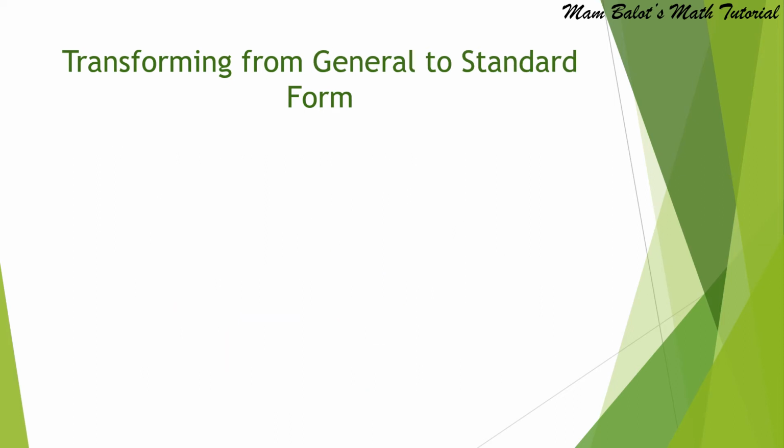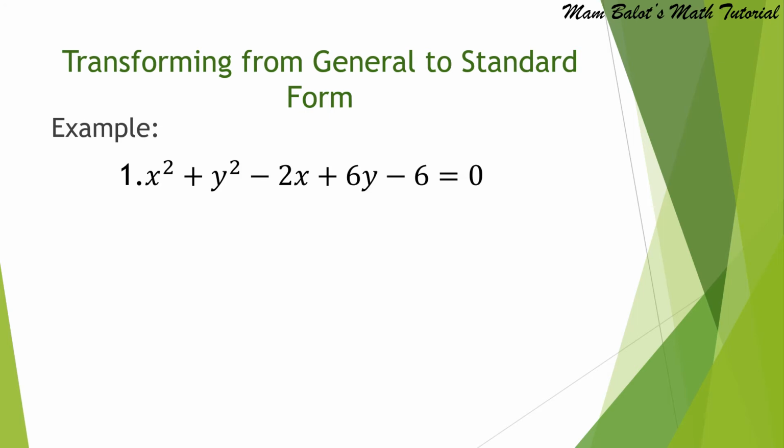Let us have the vice versa, or it is transforming from the general form to the standard form. So example number 1. X squared plus y squared minus 2x plus 6y minus 6 equals 0. Since we need to transform this one into a standard form, we need to group the terms according to their variables.